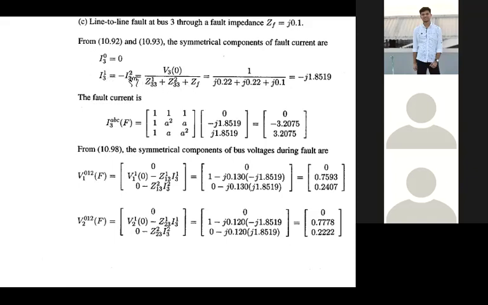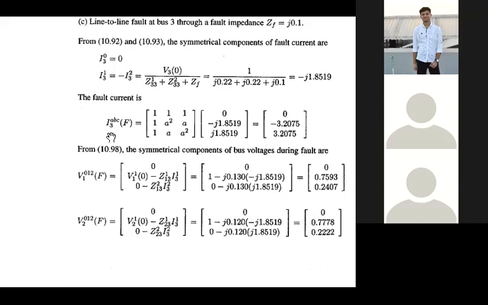You will have the information of current in the 0, 1, 2 domain. You can put those currents in to get the ABC domain current in terms of bus voltage, for the line to line fault case.